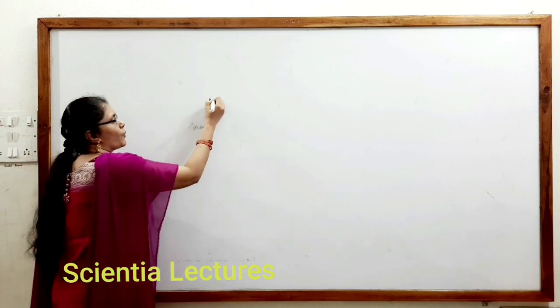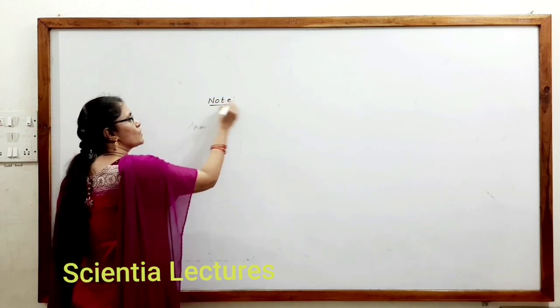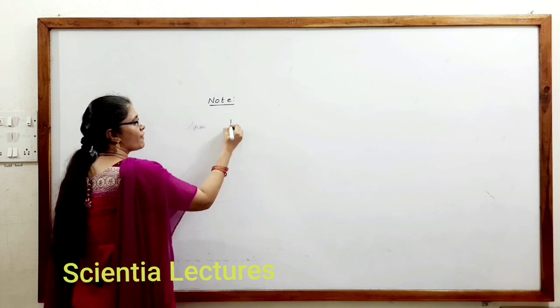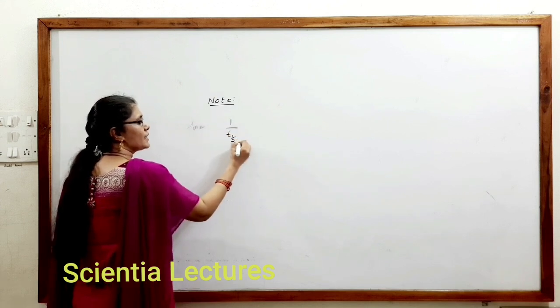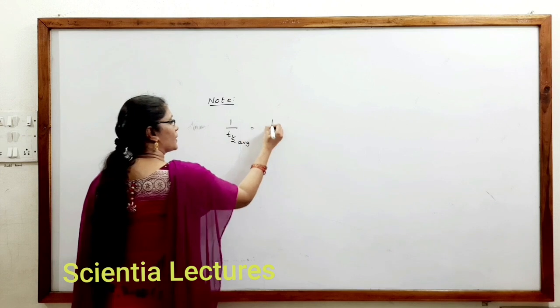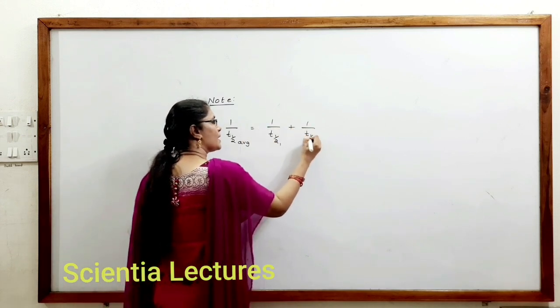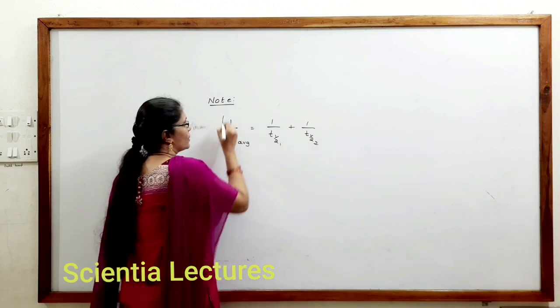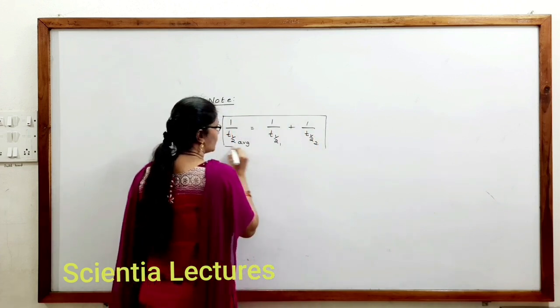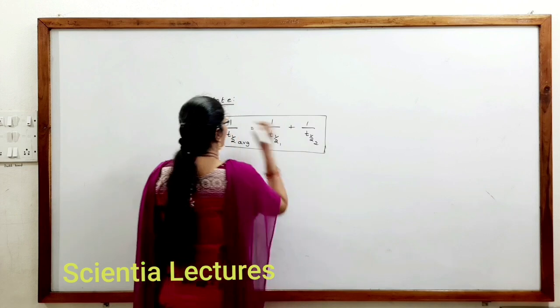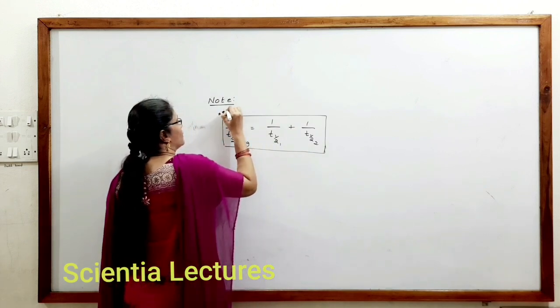Now, remember a point here: if they ask you to calculate particularly t half average, 1 by t half average must be equal to 1 by t half 1 plus 1 by t half 2. This is very important for the problems part.